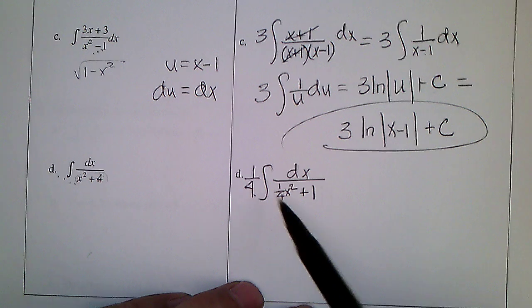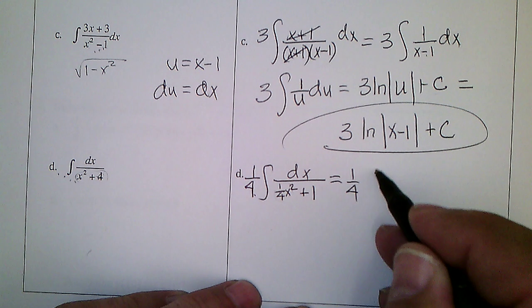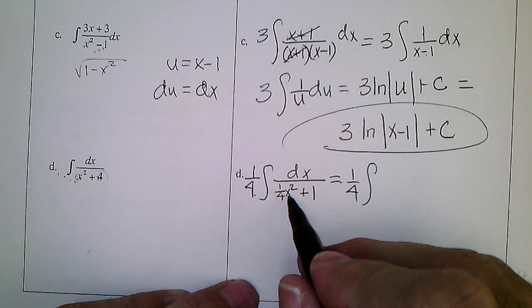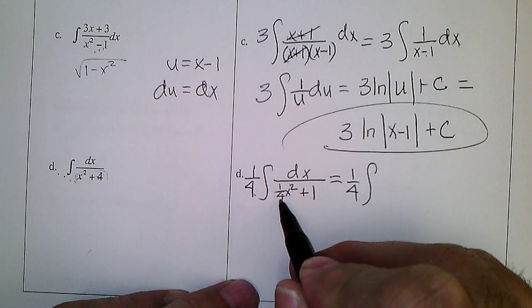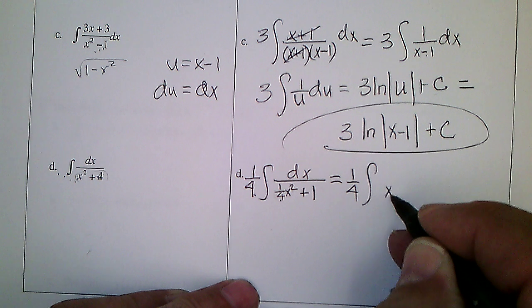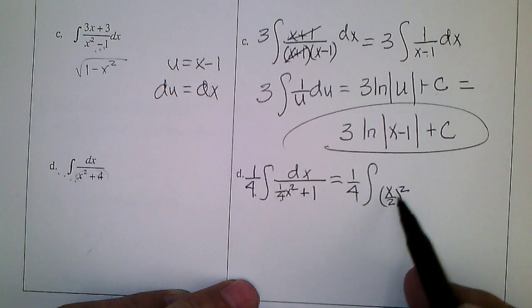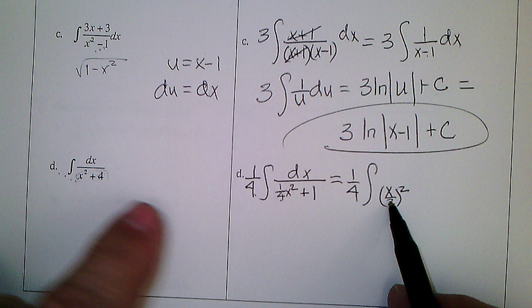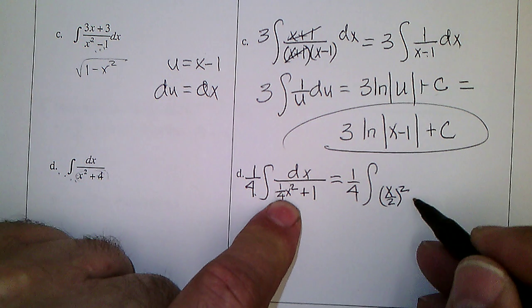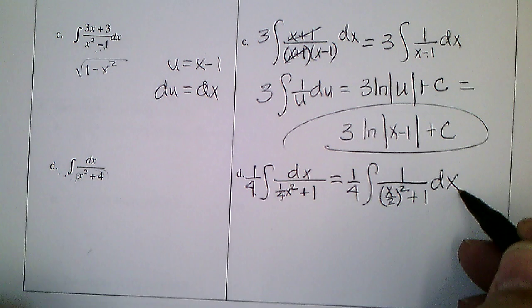Now we've got to have something squared here, so we're going to write this as 1/4 the integral of 1/4 is 1/2 times 1/2, so I can put the half inside, so I can call this 1/2, or x over 2 squared. That would be x squared over 4, which is 1/4 x squared, plus 1 dx.